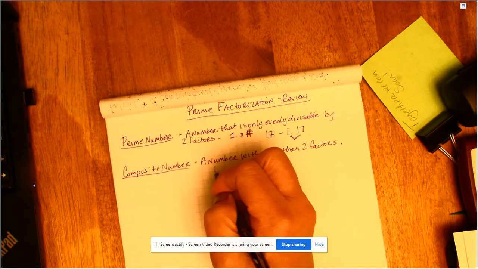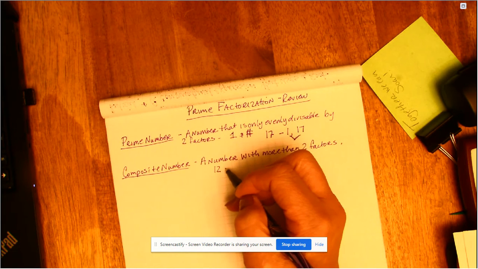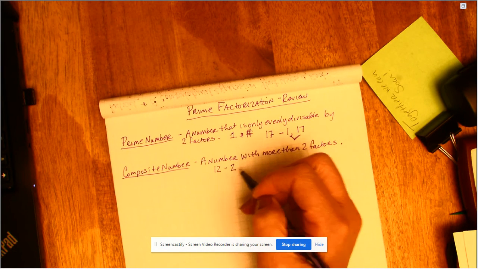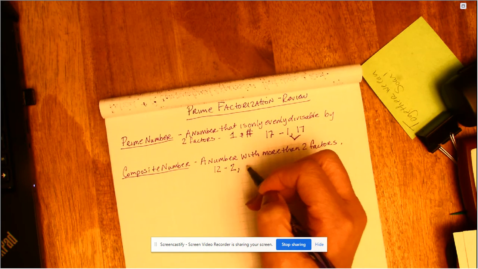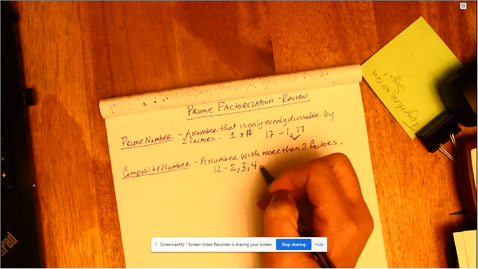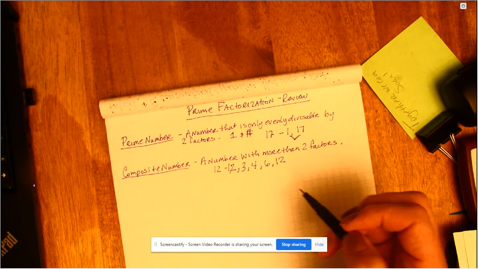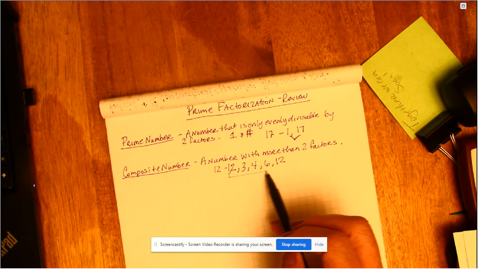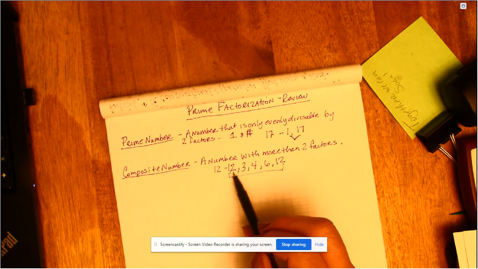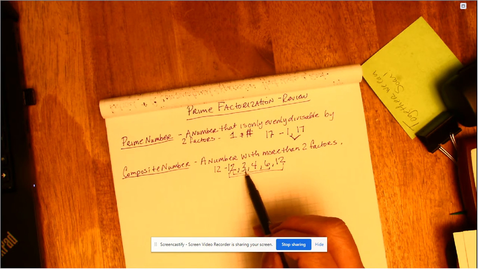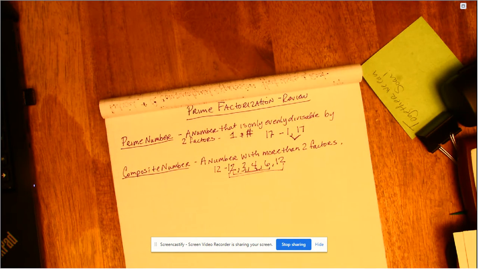So the number 12 is composite. Why? Because it has factors of 2. 2 can go into 12 evenly. 3, 4, 6, 12, and of course the number 1. So if we looked at the factor pairs, 1 and 12 would be a factor pair, 2 and 6, and 3 and 4. Now its prime factorization is something different, okay?